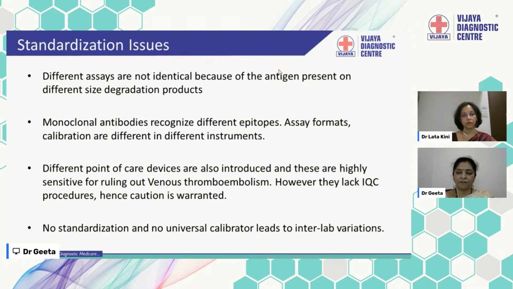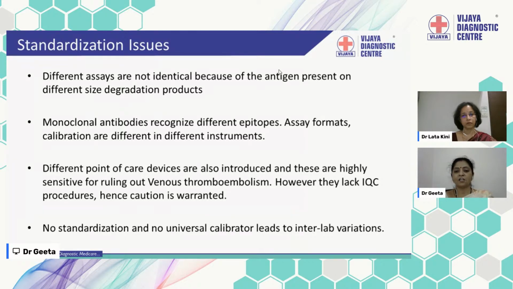These multiple peptide fragments are of different molecular weight. D-dimers are specifically one of these fibrin degradation products. There are some assays which have monoclonal antibodies which can identify them properly. However, some of the assays also identify the fibrinogen degradation products as D-dimers. Hence, there can be a lot of variation between two labs.